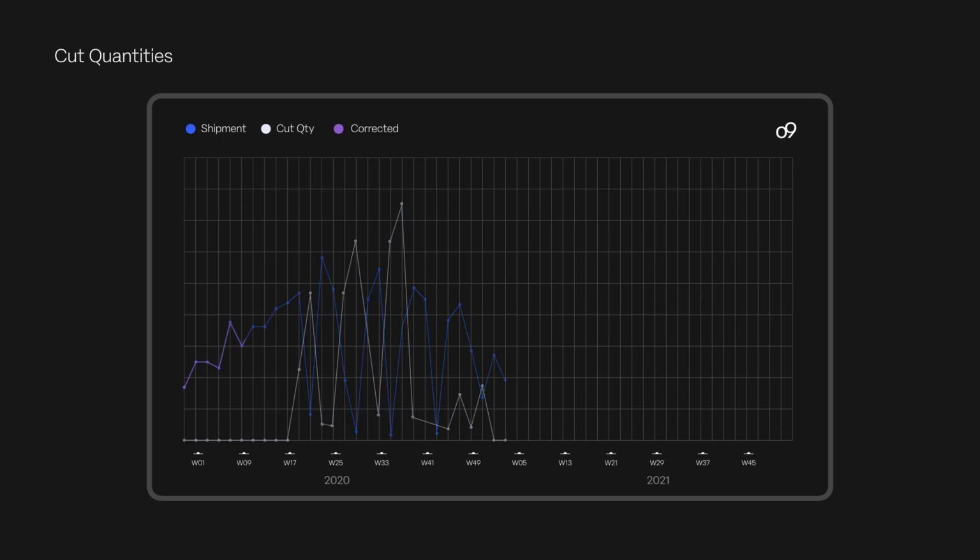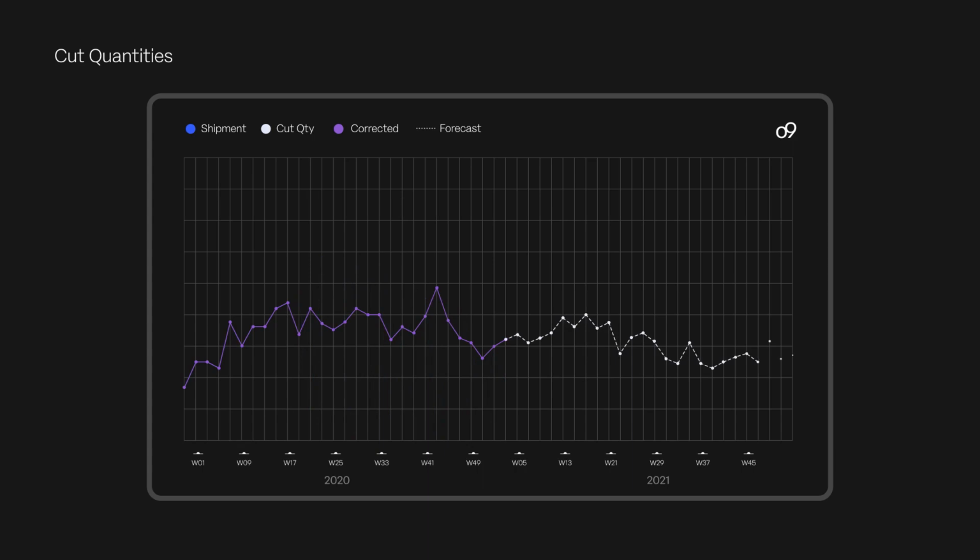O9's digital brain can correct the history by using a more sophisticated algorithm such as seasonally adjusted linear interpolation to reflect the true demand. This corrected shipment history can then be used as an input for forecasting.